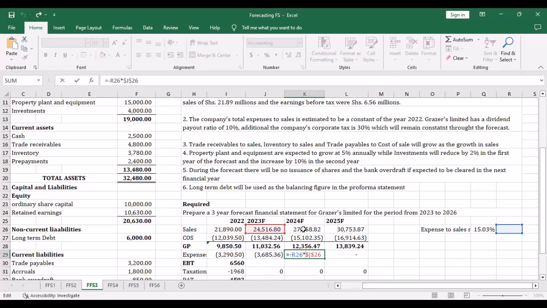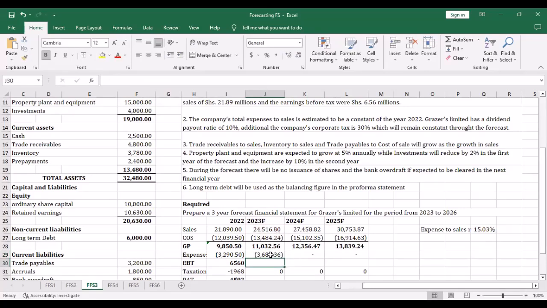Oh, sorry, I started wrongly. So I'll correct here. Escape. So the 15% is what I make negative. So I take this one, I press F4, I multiply by the sales. Then I drag, and they will come in there.